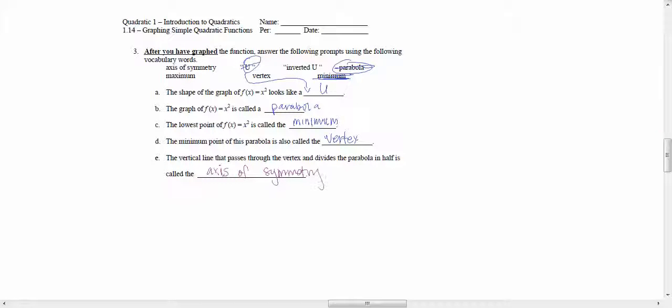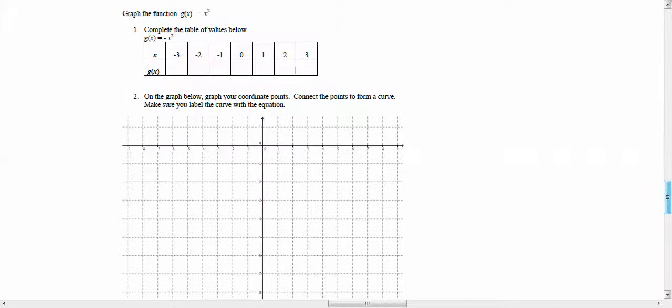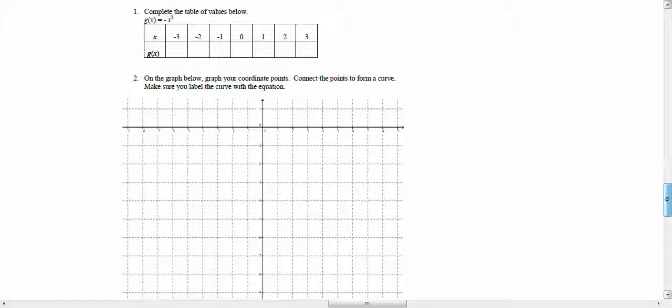Alright, I'm going to go through the negative x squared one for you really quickly. That one's pretty straightforward. If I have f of x equals negative x squared, what is f of negative 3?